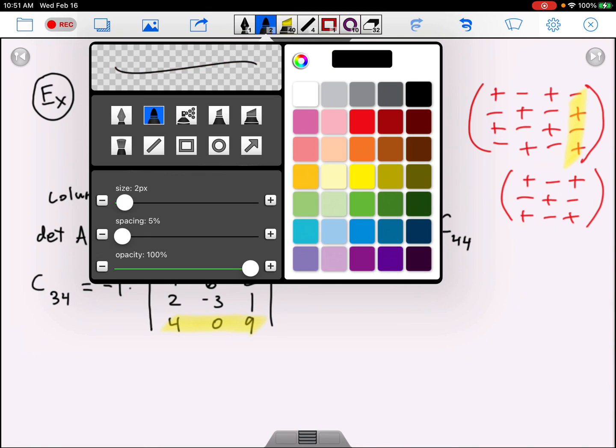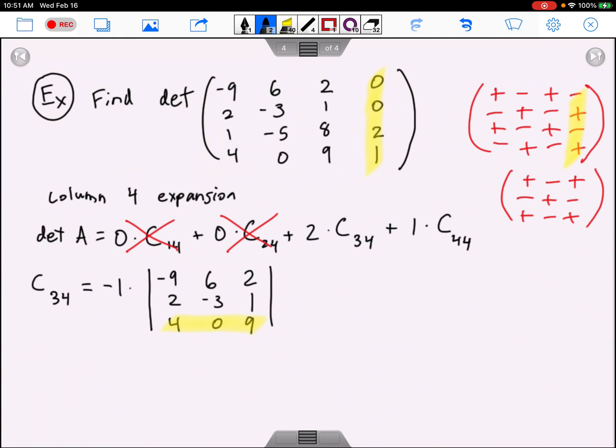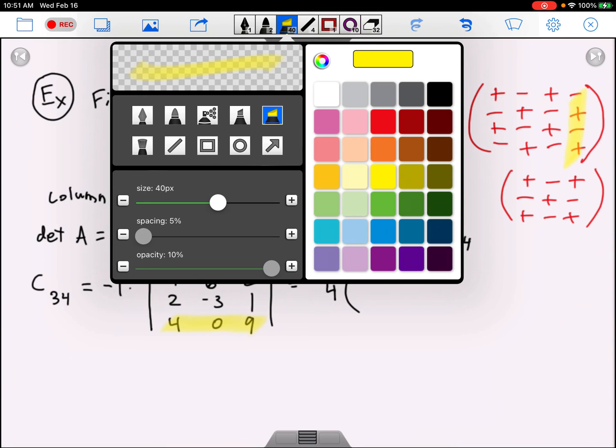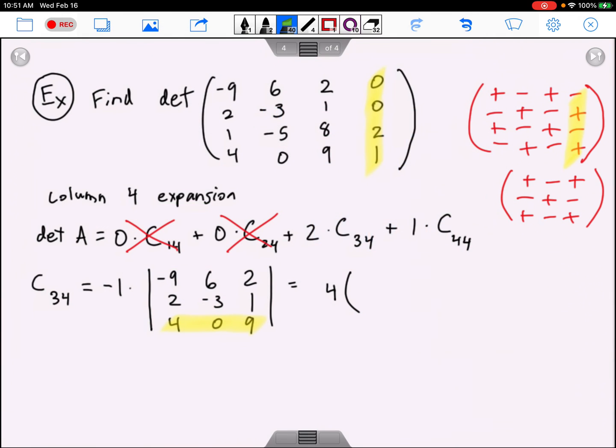So let's go ahead and do this kind of all in one shot. So what is this going to give me? It's going to be 4 times, remember I have to delete this guy and this guy now, right?